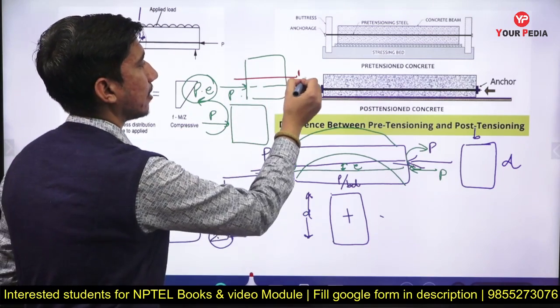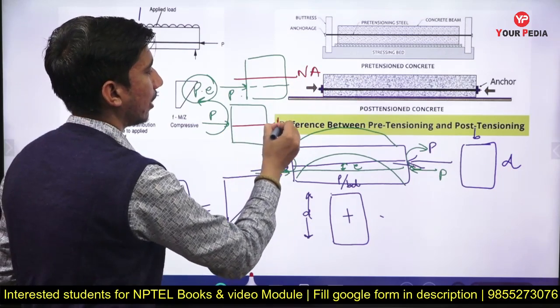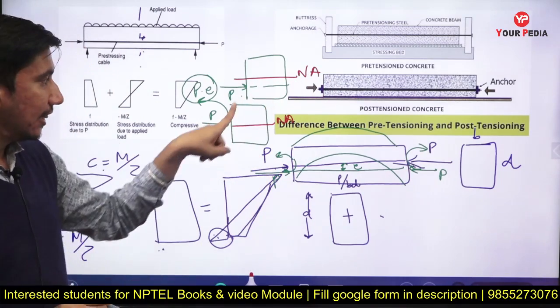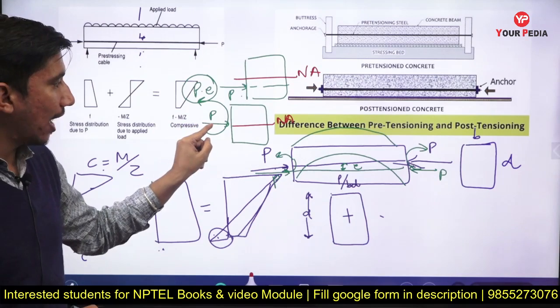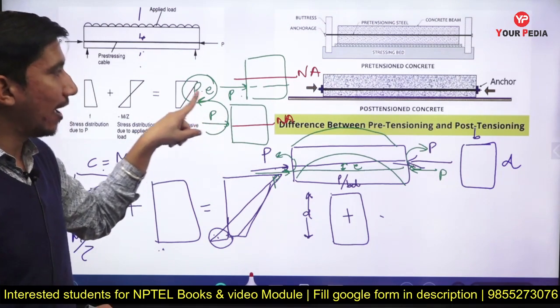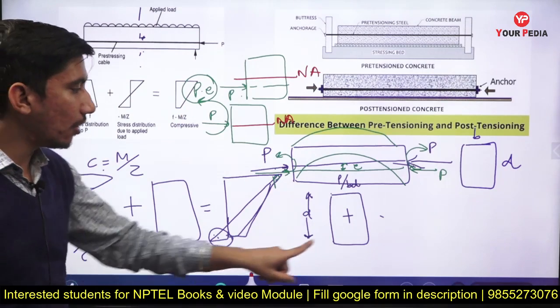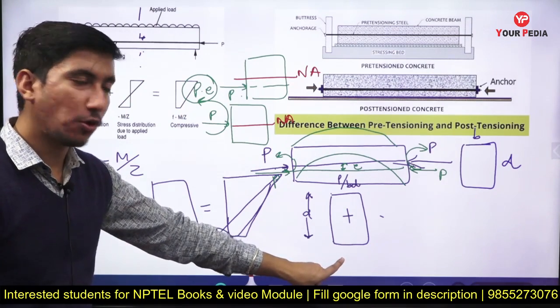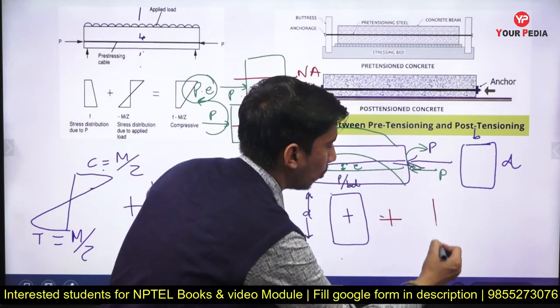Suppose this is the neutral axis. So this is equivalent to this. It will also have one axial load, and it will also have one hogging moment. So we are getting this compressive stress also, and we are getting this also.